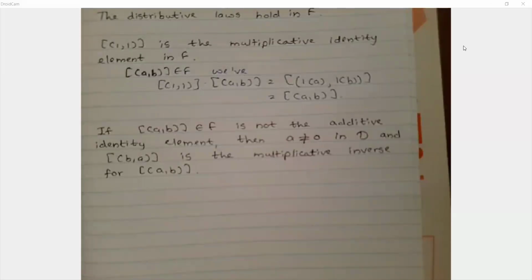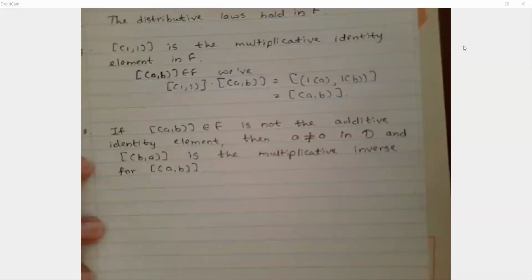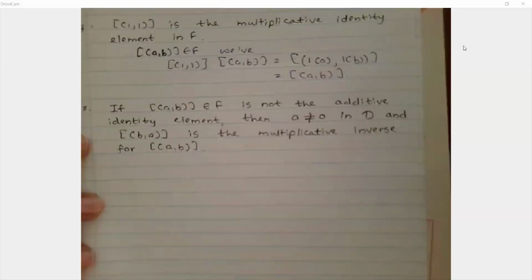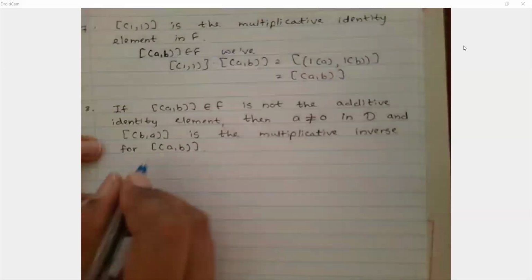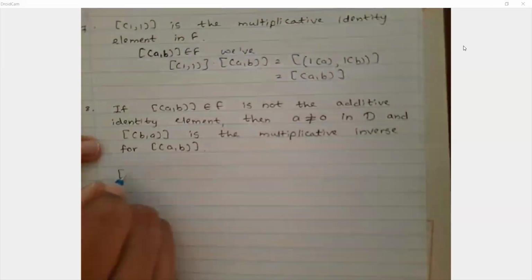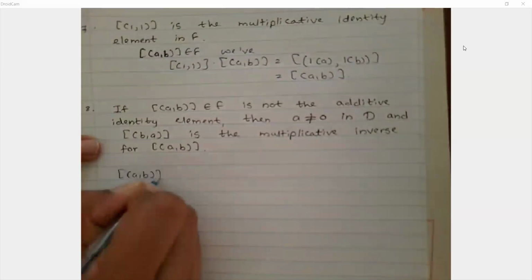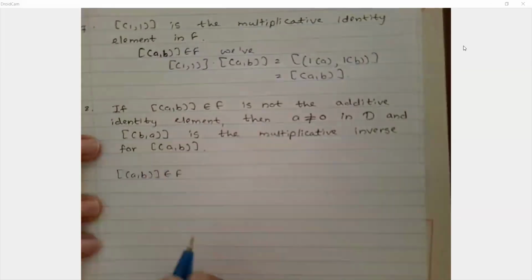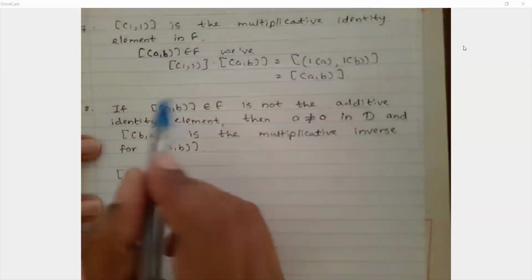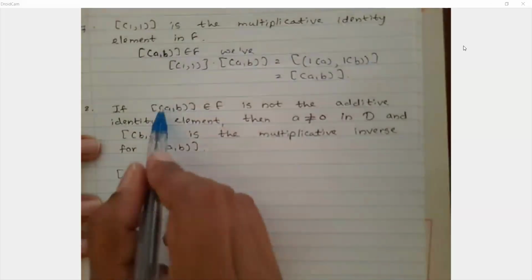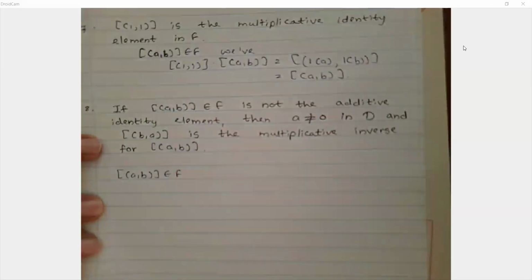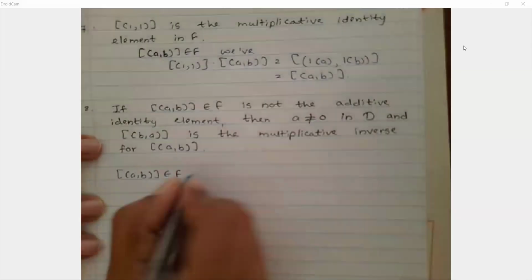Now, to prove this one, first observe, you take this element in F. If you have A to be 0, then this will be the identity element. This we will first prove, right?